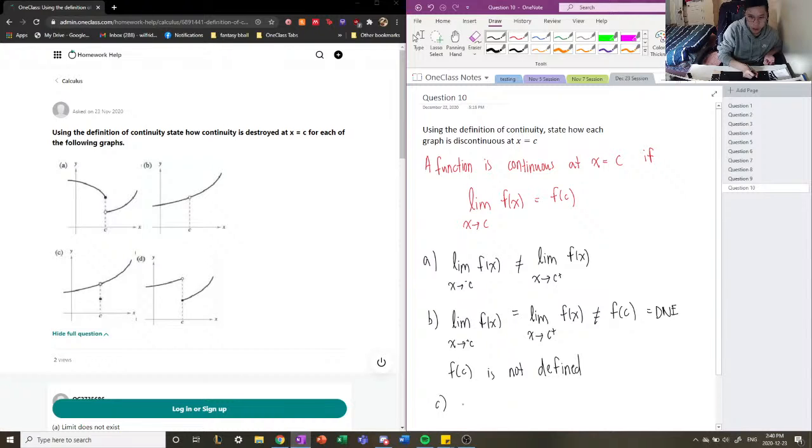So what about C? In C, our left-hand limit and our right-hand limit are the same. However, they don't equal f of c because f of c is defined differently.